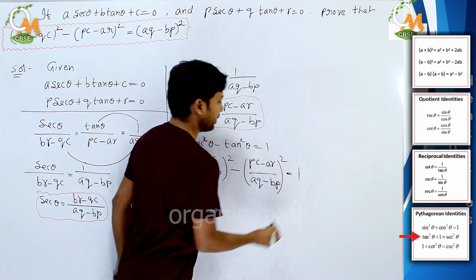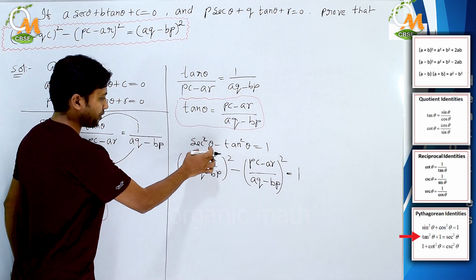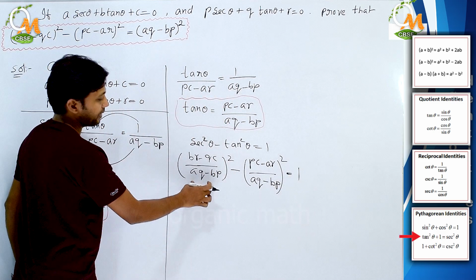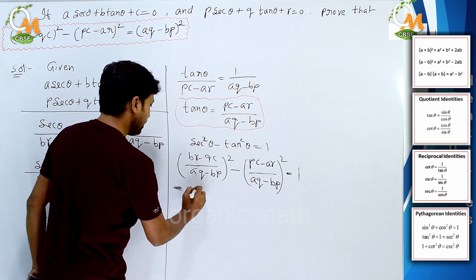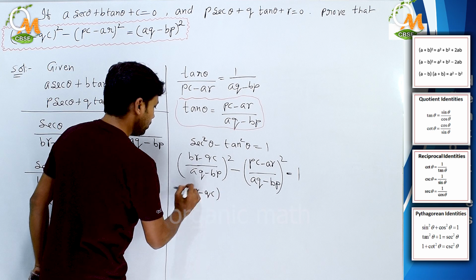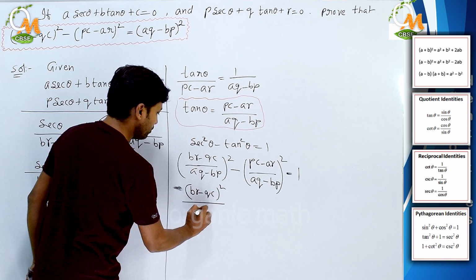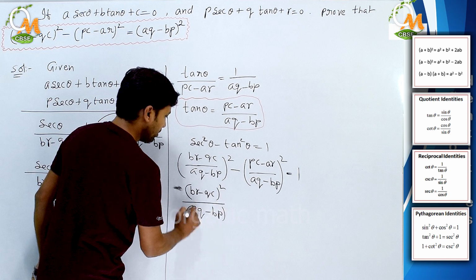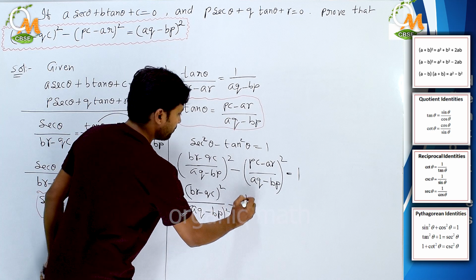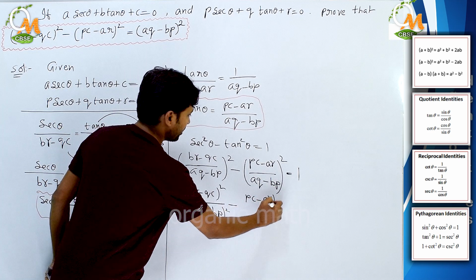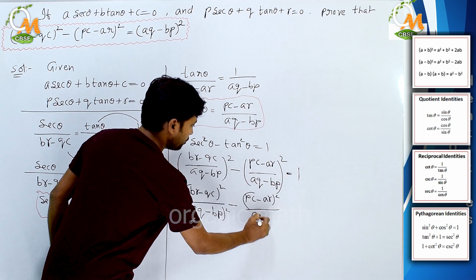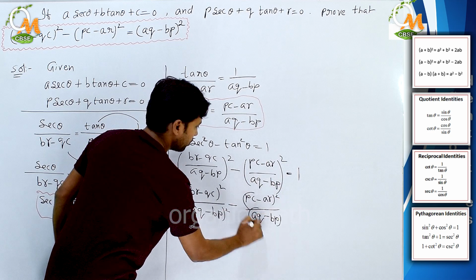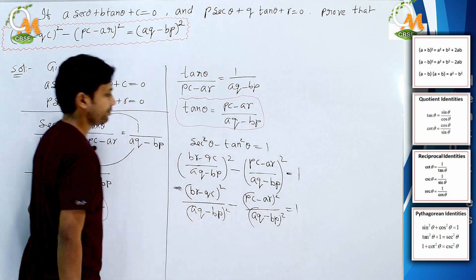Equal to 1. Now let us put the squares for numerator and denominator separately. BR minus QC whole square by AQ minus BP whole square, minus PC minus AR whole square by AQ minus BP whole square, equal to 1.